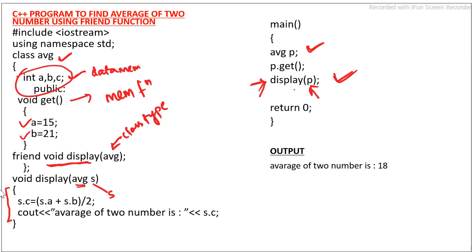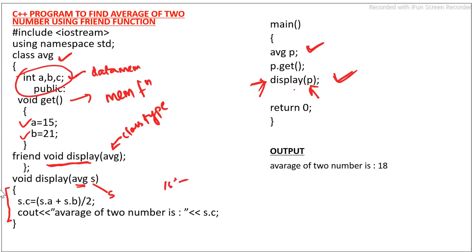P's content will be copied to the S object. S dot C, C is also a private data member. S dot C equal to S dot A plus S dot B divided by 2. So here we are calculating the average. S dot A is the value we got through the get function.